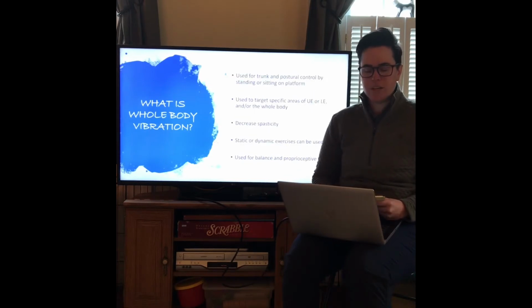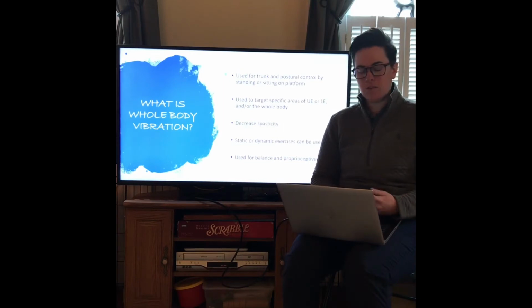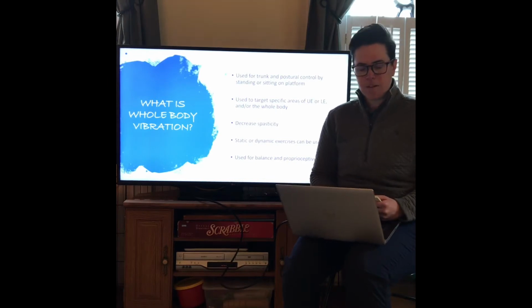So whole body vibration can be used for a lot of different things. If you were to Google whole body vibration, you'll see a lot of athletes are using them as a way to do strength training. Particularly for therapy though, it can be used for trunk and postural control, either by sitting or standing on the platform.